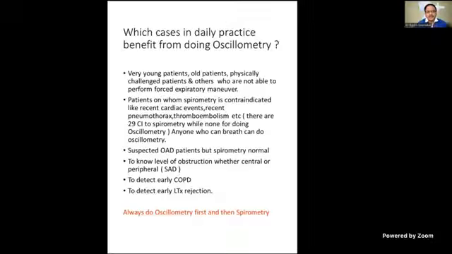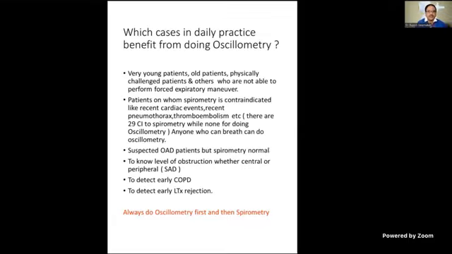Very simple: very young patients, the old patients, the physically challenged patients, and others who are not able to perform the forced expiratory maneuver that is required to get a good result in spirometry.